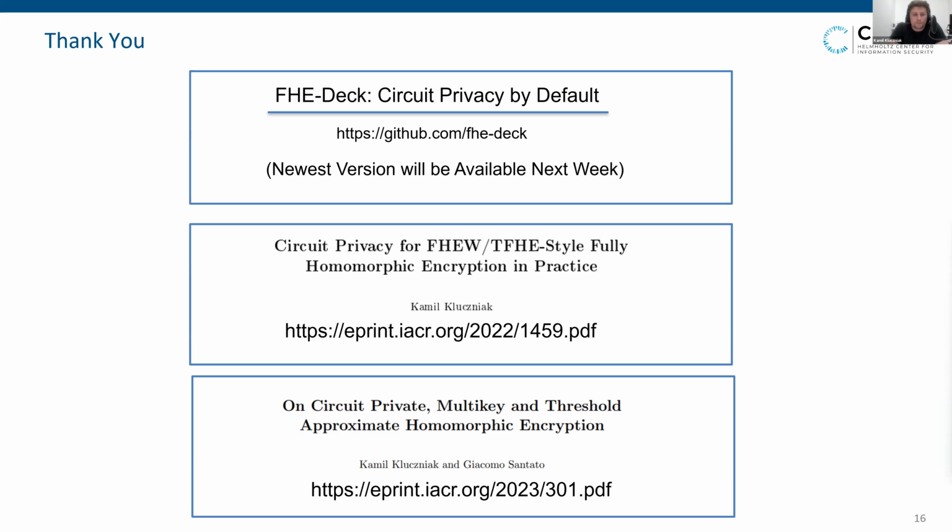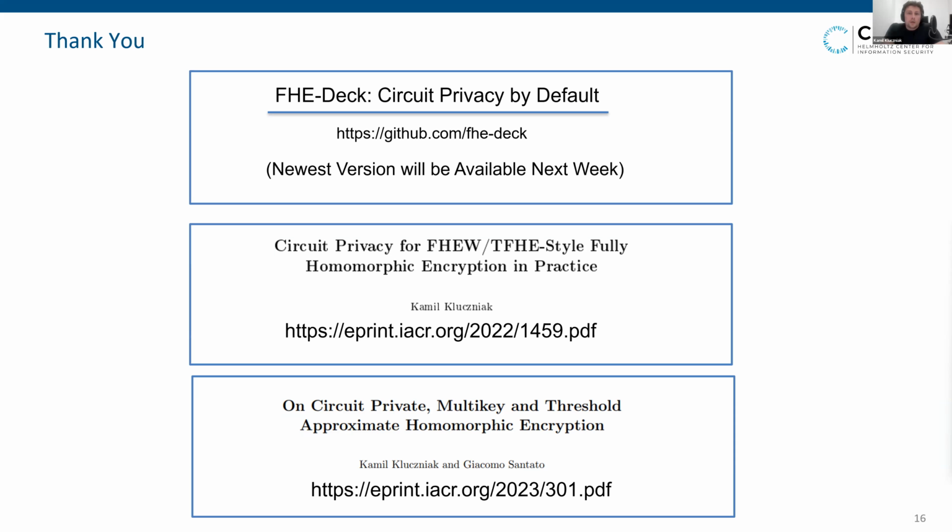In short, we redefined circuit privacy, and instead of the simulation-based definition, where the simulator has to get an evaluation of a function, we ask whether it is possible to distinguish between evaluating one circuit and evaluating a different circuit, given that the circuits evaluate to exactly the same message.